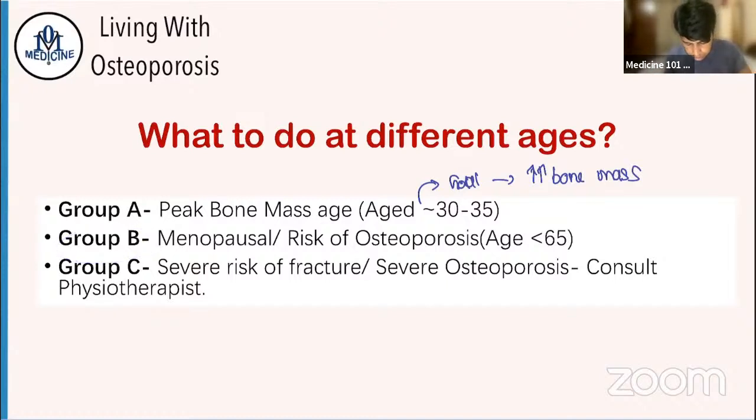This is not an international classification. I will use these words later on: Group B and Group C. I'm going to talk about some exercises. If you are part of Group C, you need to consult a physiotherapist first. Do not try these exercises until you consult a physiotherapist.